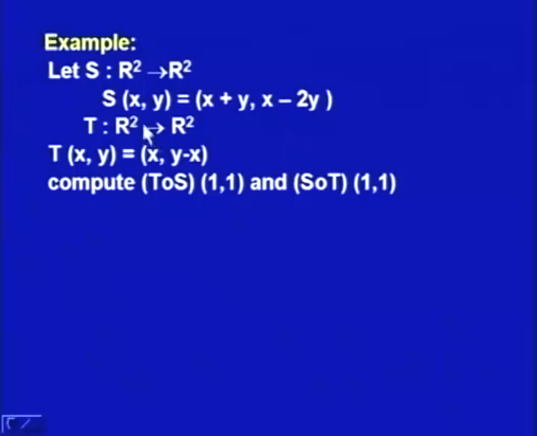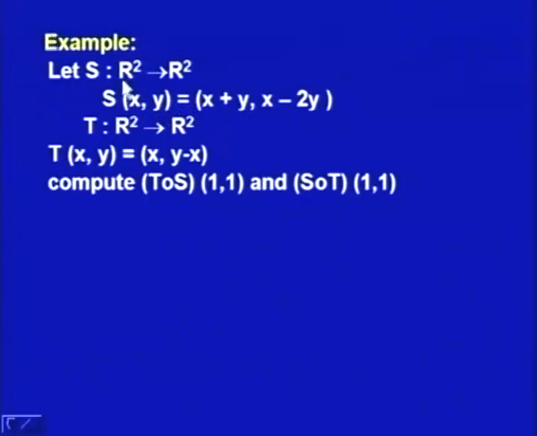Now, let us see what we mean by composite transformation with the help of an example. So, we have a linear transformation S from R2 to R2. Here S of x y is defined as x plus y and x minus 2y.